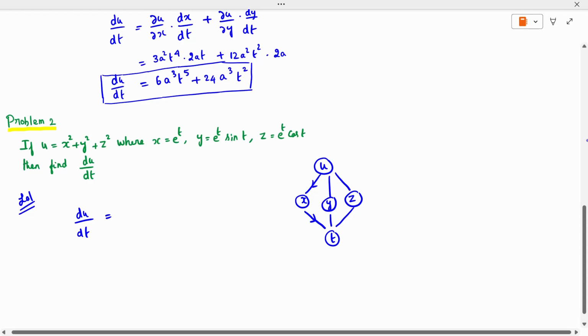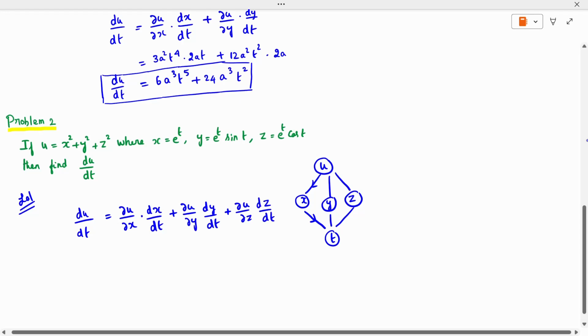So when I write it, it's nothing but dou u by dou x into dx by dt, because it is with respect to only one variable, plus dou u by dou y into dy by dt, plus dou u by dou z into dz by dt.